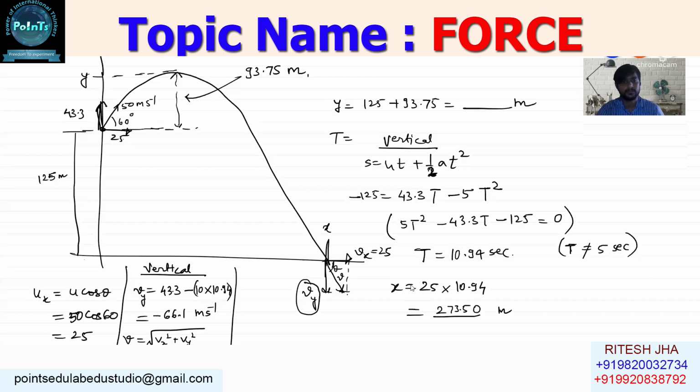25 squared plus 66.142 squared. So 625 plus... minus 3,744.